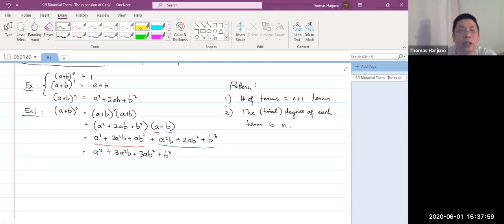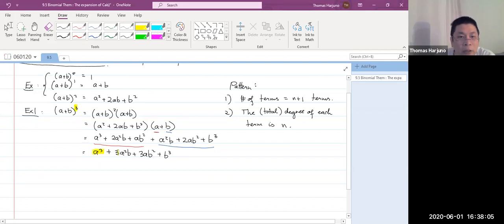As you see here, the degree is 3. Notice that for this term, the degree is 3. For this term, the degree is also 3: 2 from A, 1 from B. For this term, the degree is also 3: 1 from A, 2 from B. And for the last term here, the degree is also 3.